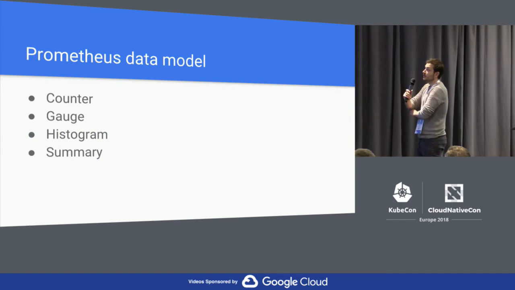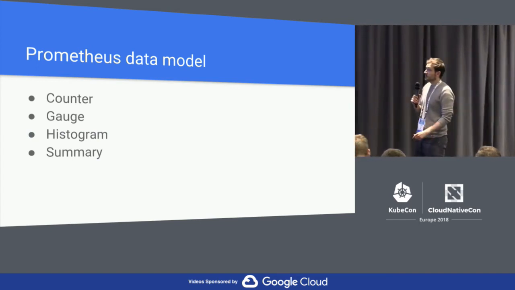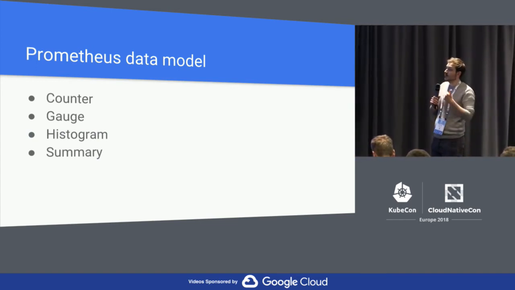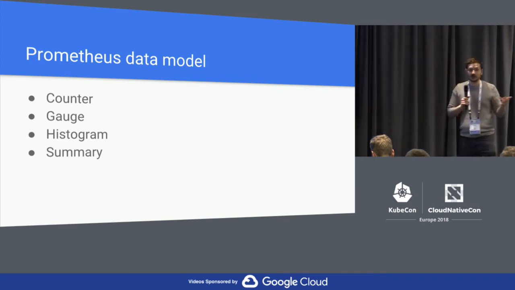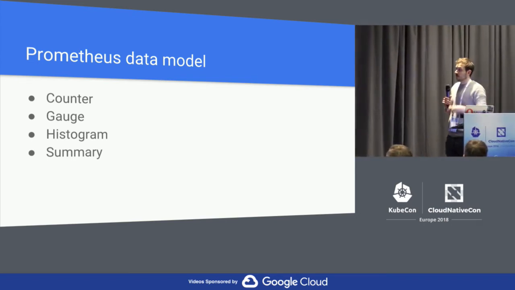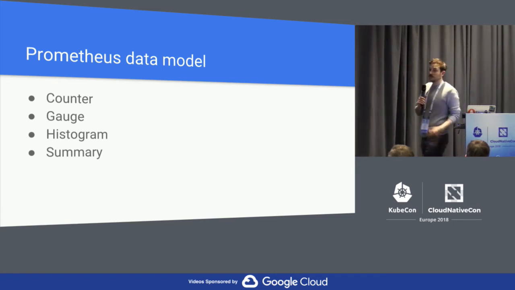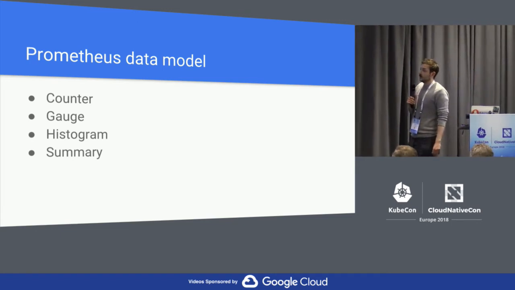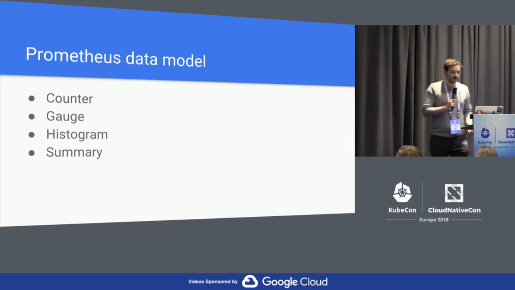The primitives of metrics that are available in the Prometheus format are counters, gauges, histograms, and summaries. Depending on the type of information that you want to expose, these are the options that you have.